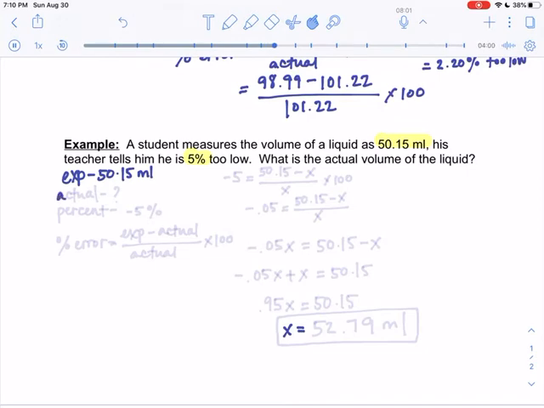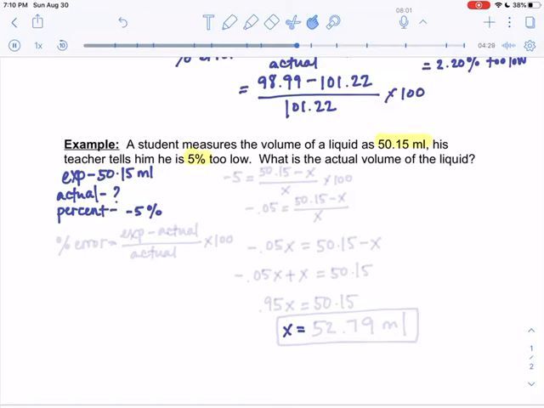It does not give us an actual, so our actual is a question mark. We are going to have to find that, but it does give us the percent error as 5% too low. We should remember that if it is too low, it's going to be a negative 5%. That will make a difference when we are trying to solve for our answer.